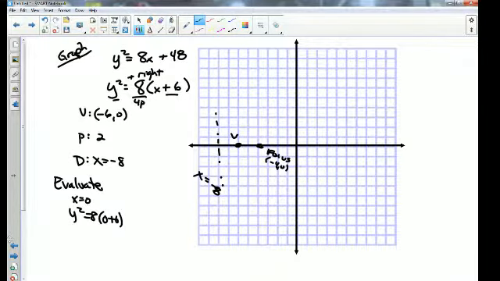What's the square root of 48? Square root of 49 is 7. 6.9. Yeah, you're pretty darn close to 7 there, right? So somewhere in there and there, and you get your points.